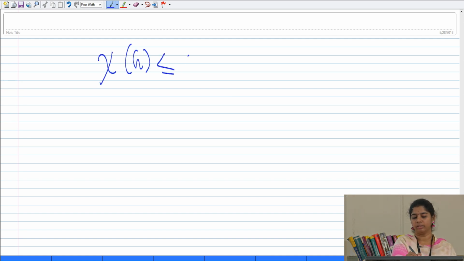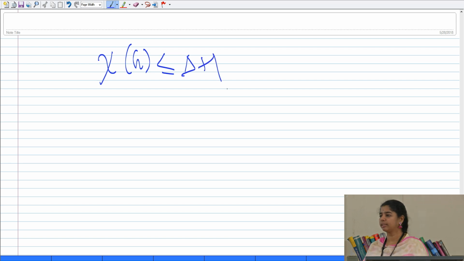So, we have already seen chi of G requires delta plus 1 colors, right.